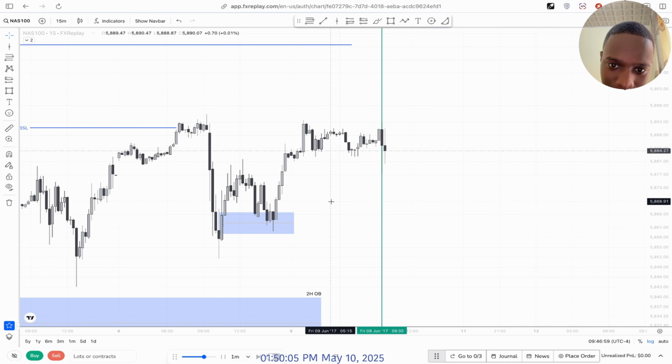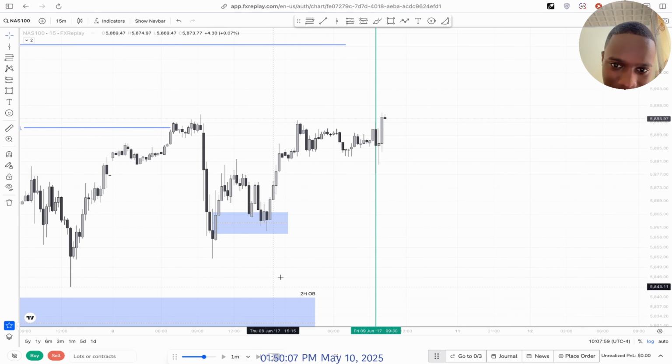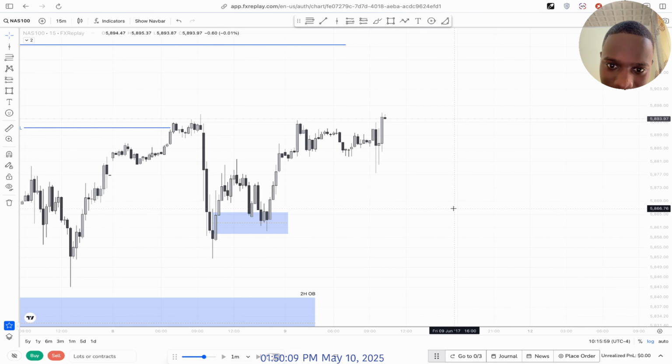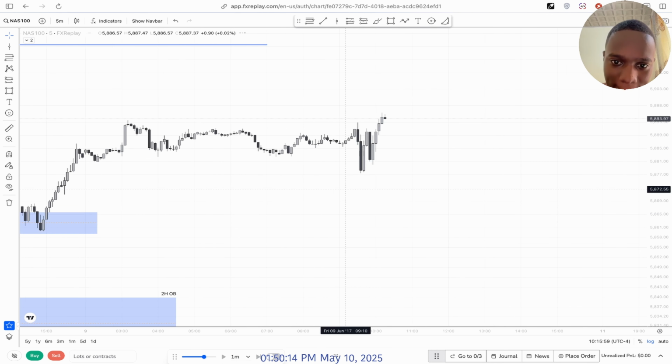Yep, taken out. You see that wick? Crazy one. See? Relative equal lows swept out. Right here. Boom. Clear. Good and clear. And after that we got a shift in structure in here.